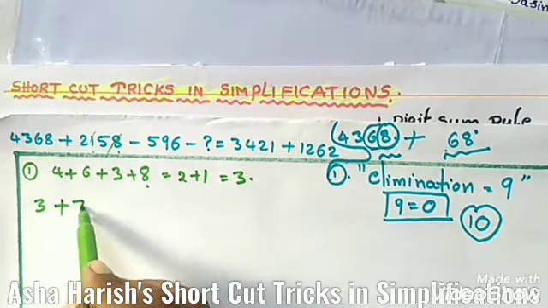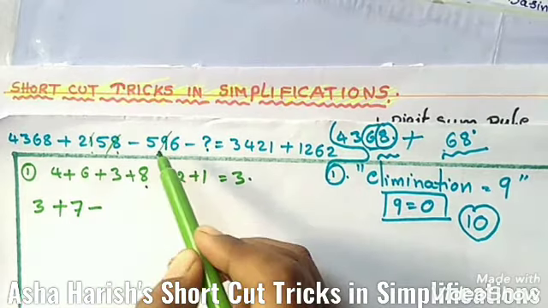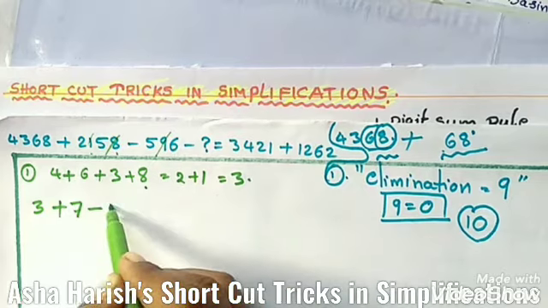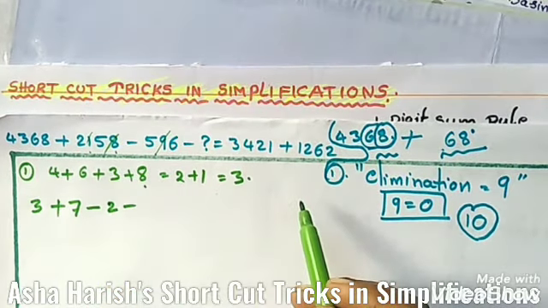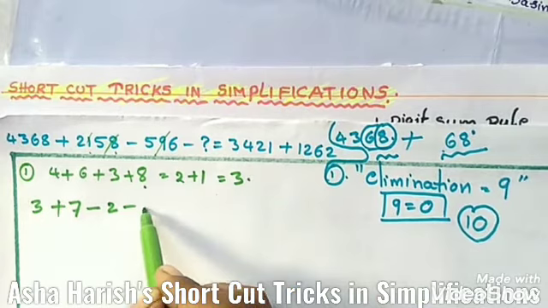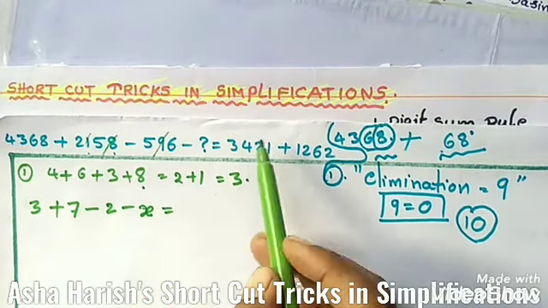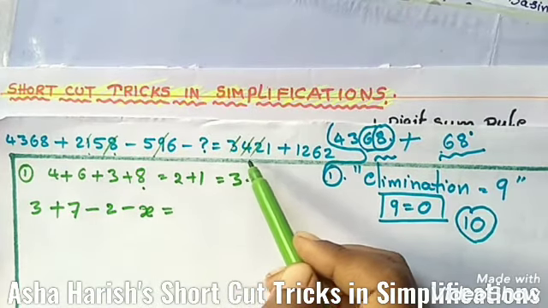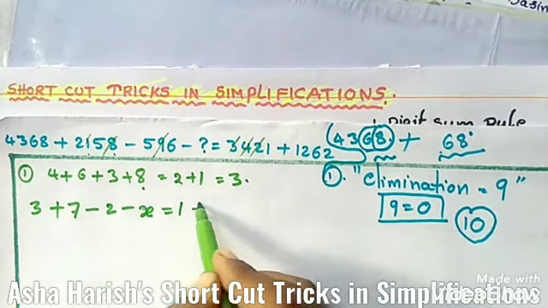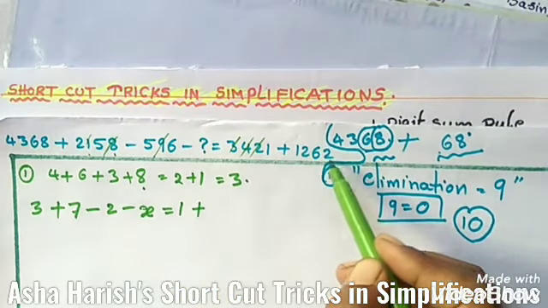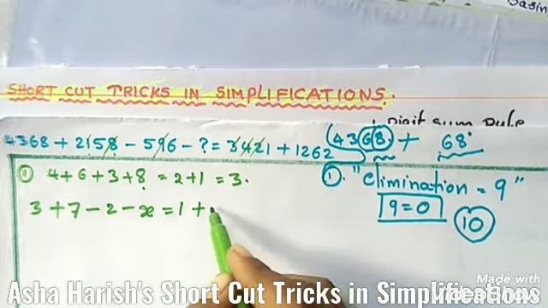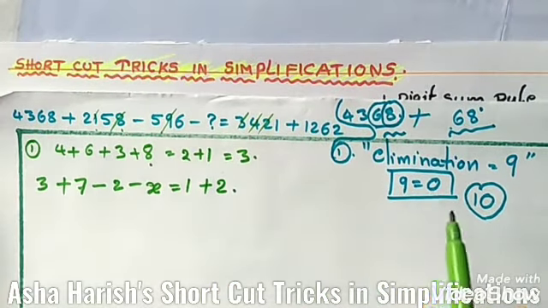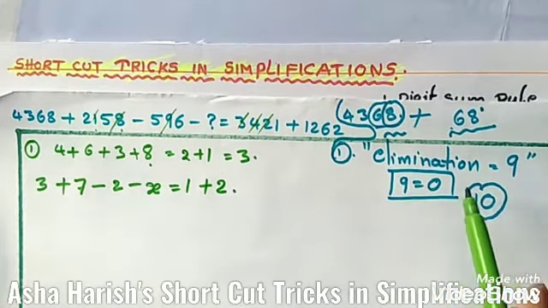Then 2 plus 5 is 7, minus, here 9 is eliminated, 5 plus 6 is 11, 1 plus 1 is 2, minus x, which we don't know, so take it as x, is equal to 3, 4, 7, 8, 9. These 3 numbers are eliminated here. 1 plus 6 plus 4 is 10, 10 plus 1 is 11, 1 plus 1 is 2. So this is the number we got by doing the digit sum rule.